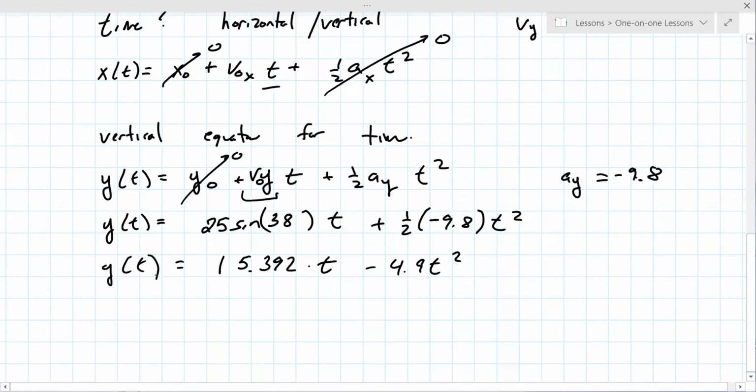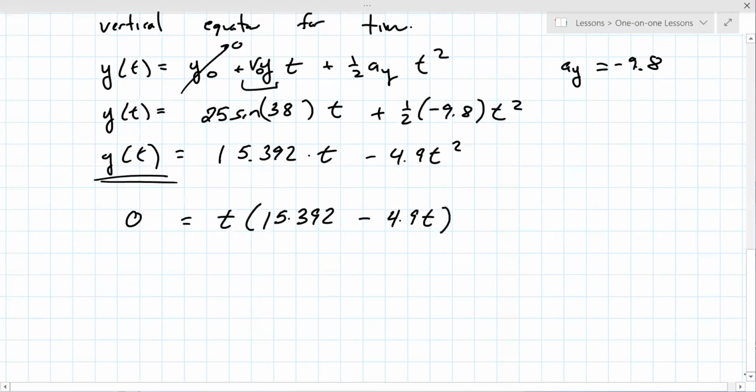The reason you can do what you just said is that we're trying to figure out where y hits 0. So we factor out a t: t times 15.392, or 25 sine 38, minus 4.9 t. We set each of these equal to 0. The first one, t equals 0, is when we started. That's not super useful.